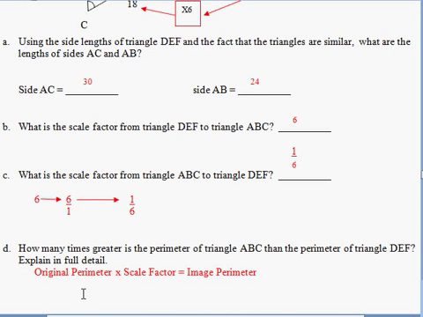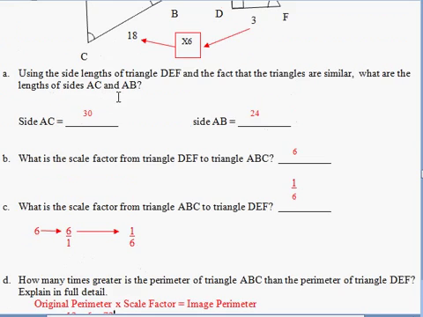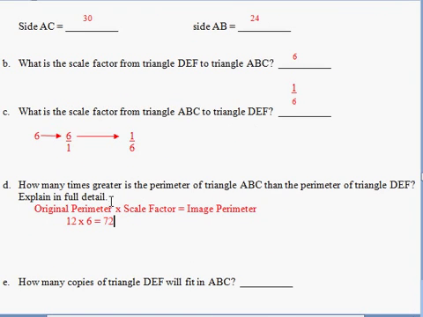Our scale factor we already figured out is 6. So our image perimeter is 72. Up here they didn't give us any units like centimeters, inches, or yards, so we can leave that as our answer. This would be our final answer.